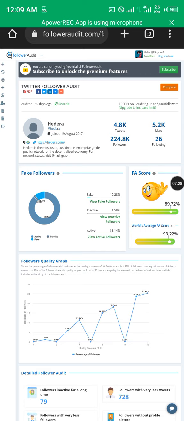So that's kind of fake, but still, this is way legit. 89.72 isn't a joke, basically. As you can see right there, if it's going to be fake, you're going to see the emoji be a sad one. So that is a good thing for Edera, which is one of my best projects.